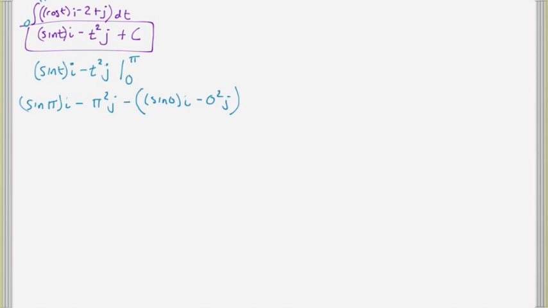Sine of pi is 0. Sine of 0 is 0, and double negative, so plus, but it's still 0. So I end up just having negative pi squared j.